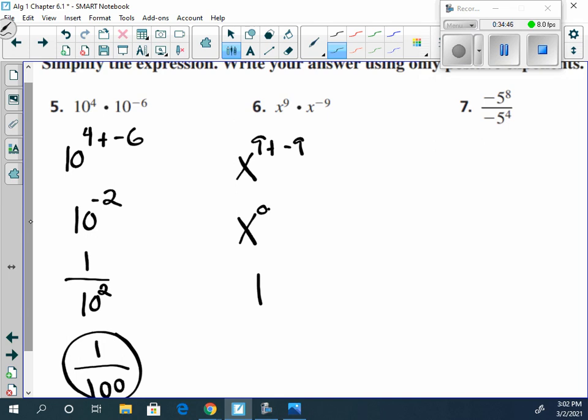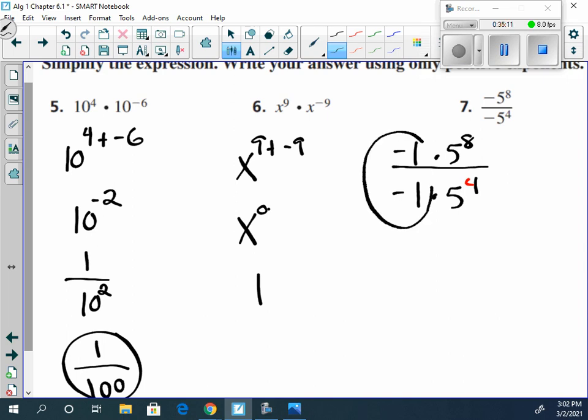Okay, let's look at this here. Well, wait a minute, they're not in parentheses, are they? So negative divided by negative is a positive. So what we can see this as is negative 1 times 5 to the 8 over negative 1 times 5 to the 4th.